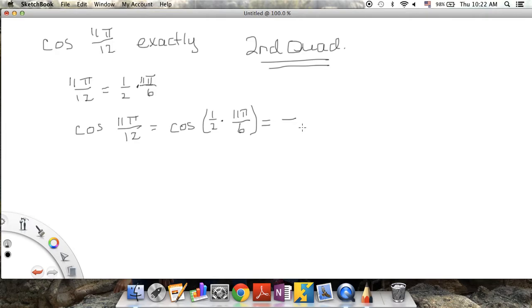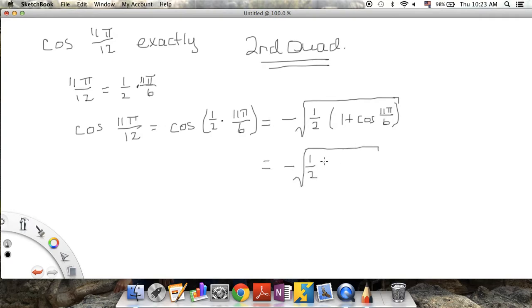That's why we had the plus or minus on those half angle formulas, because it depends on what quadrant you're in. So our cosine is negative, and then we just have to plug it in the formula. Negative the square root of 1/2 times 1 plus the cosine of 11 pi over 6. Okay, so we take this angle, plug it in here, and then we just calculate this out.